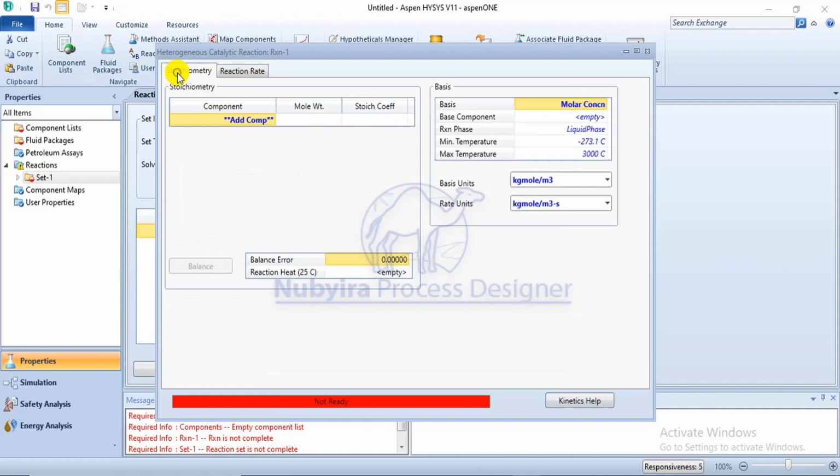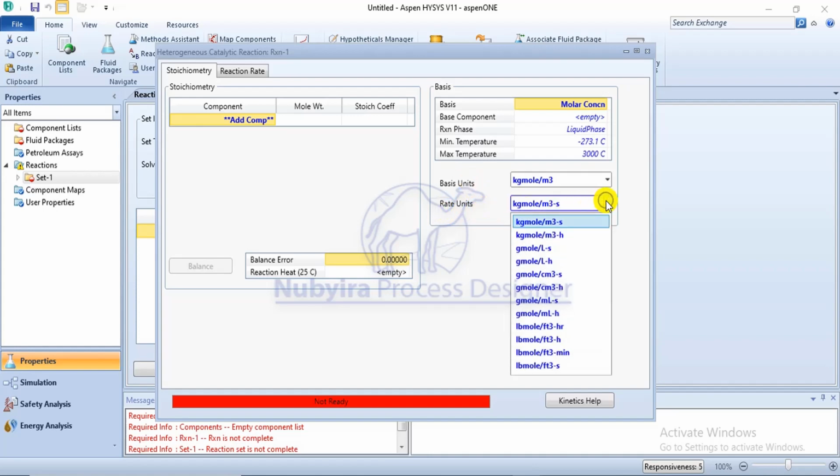Now from this particular form we have here, we have the base units and then we have the rate units. Now for the rate units, Aspen Hysys can only be used for rate units that are based on reactor volume, right?